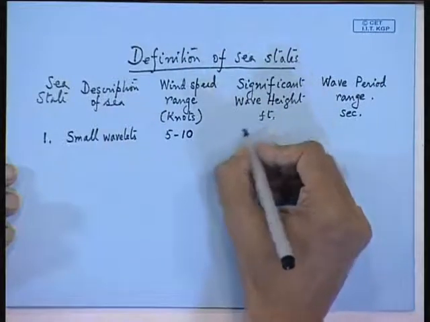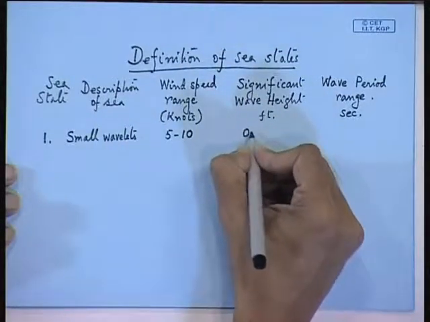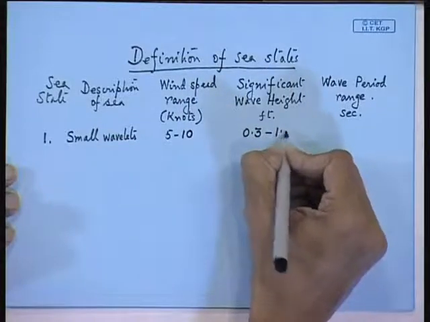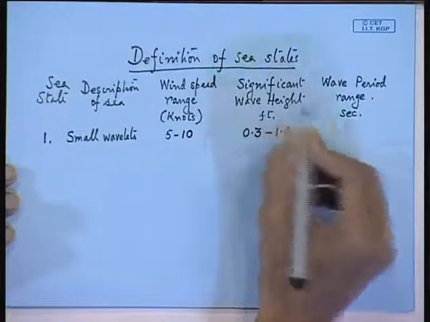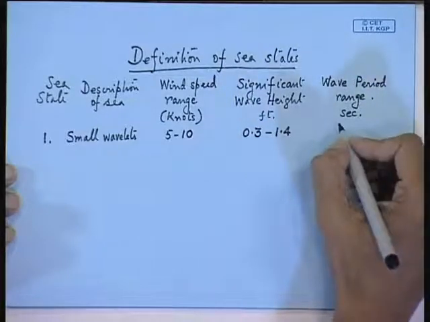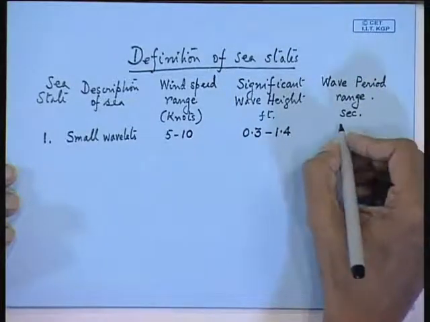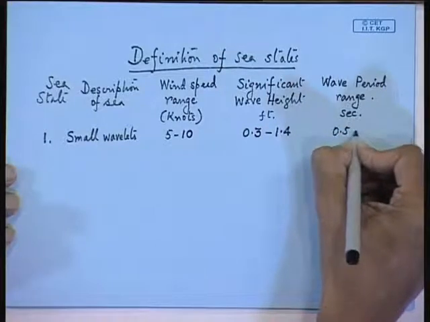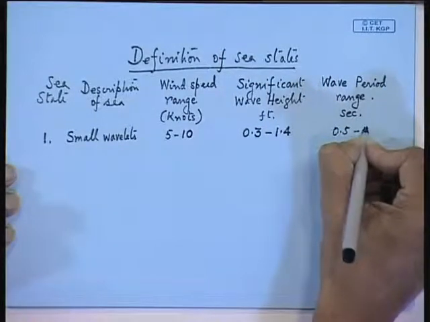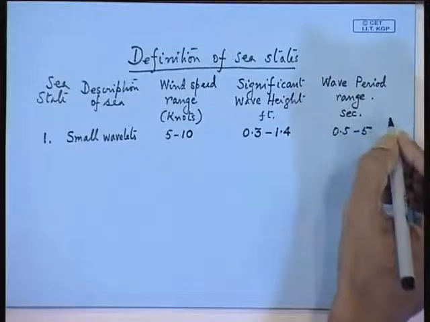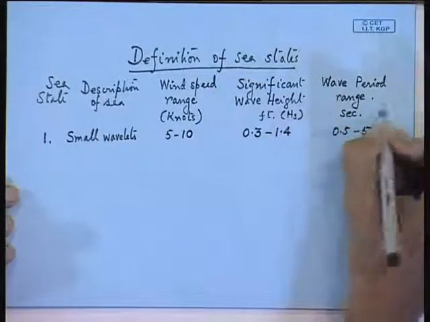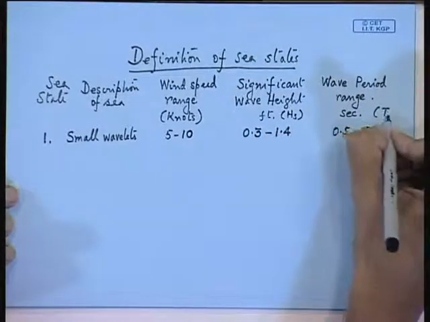Wave height is pretty small, only 0.3 to 1.4, but these are all significant wave heights. The corresponding period is 0.5 to 5 seconds. Wave period is your T. So these are your HS values, and for HS you write TS.